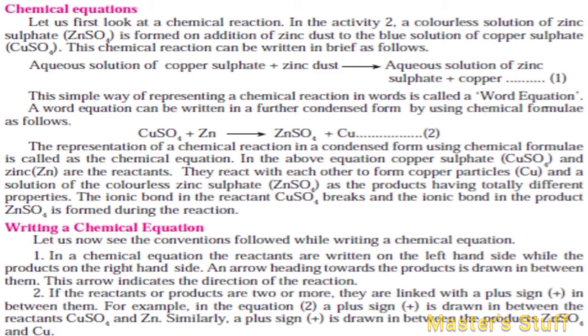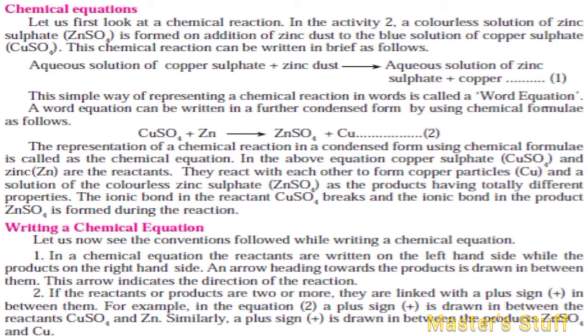The properties of the product are totally different from the properties of the reactants. This is the magic of chemical reaction. The ionic bond in the reactant CuSO4 breaks and the ionic bond in the product ZnSO4 is formed during the reaction. Now let's study how to write a chemical equation.